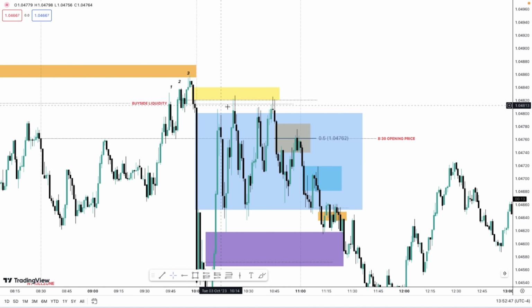Because you can see it trades to the order block for the first time at 10:22. This fair value gap, we see price trading to it at 10:22 again here. What is that? Silver bullet.